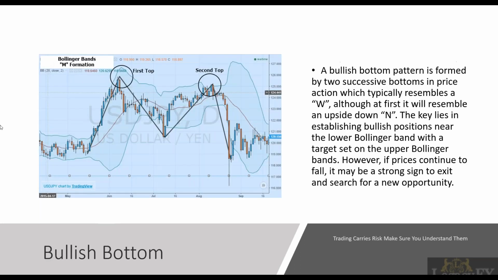So here we have the M formation, which is the exact opposite of the W, pushing up, making the first stop, pushing down, pushing up, and then crossing the moving average and generating the sell signal. Now, you can have as defined rules as you wish.